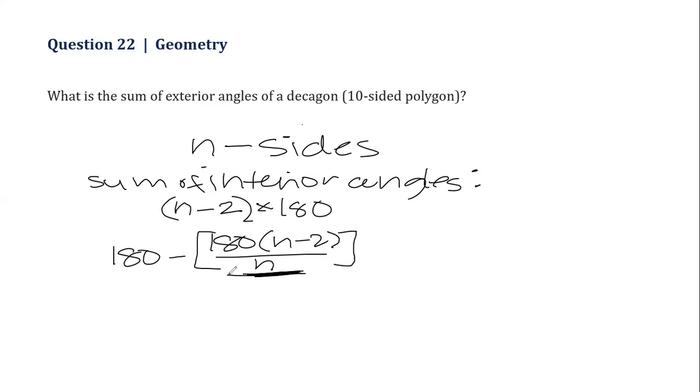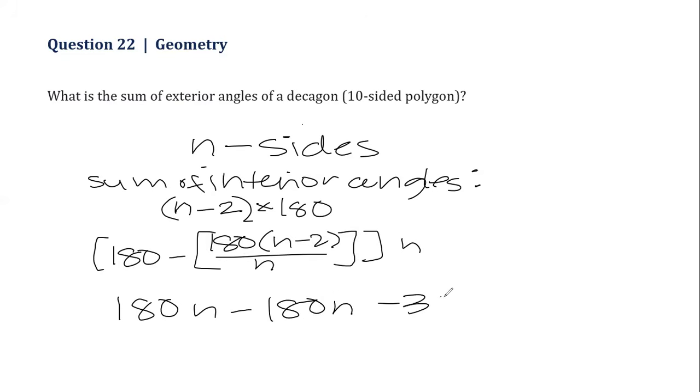This is the measure of each interior angle, if they had the same angle. Then you multiply the exterior angle by n, and you get 180n minus 180(n minus 2), which is 360.